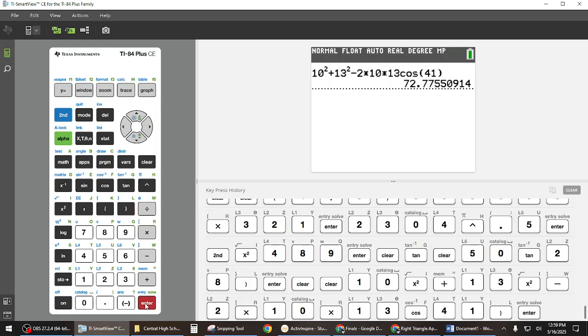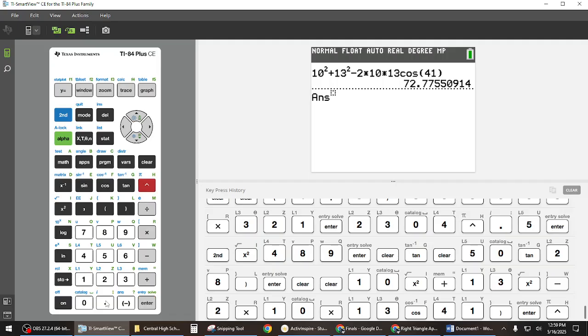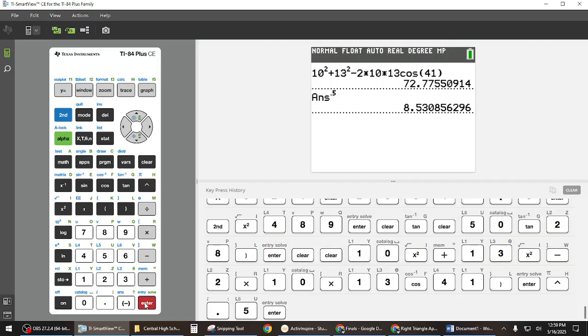So 72.8. And then we can square root that. So 8.5.